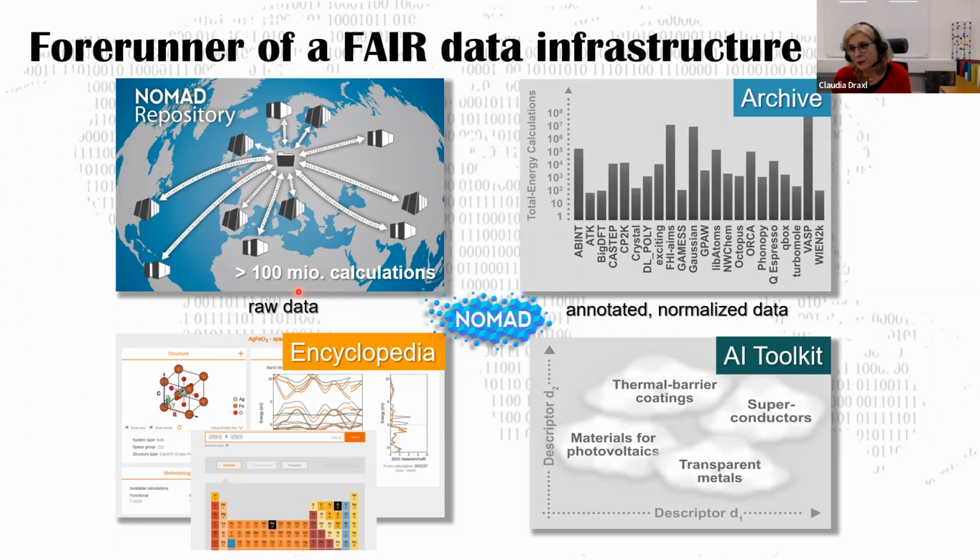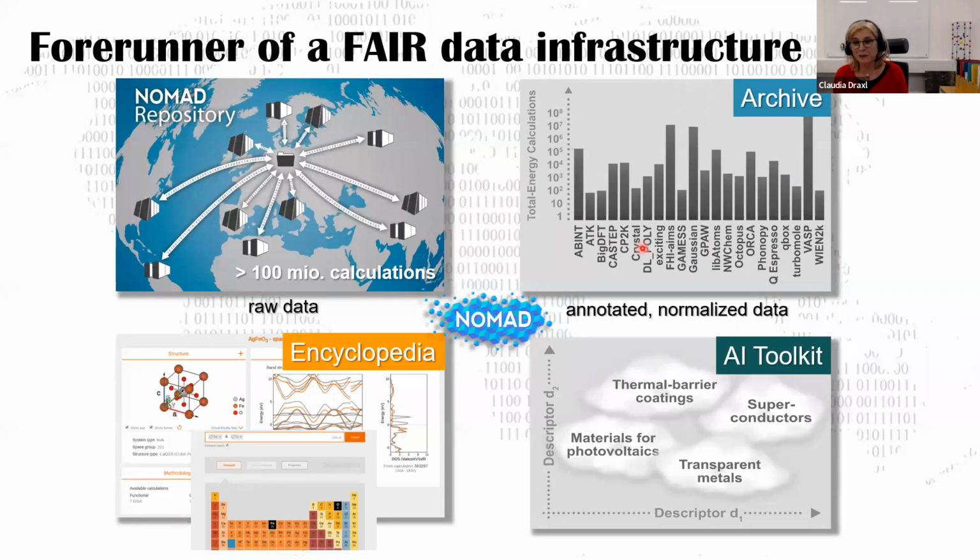Now, there's a lot of variety because the community uses about 40 different codes that you can see here. So these are the uploads, most uploads at a certain point in time, right? And this also tells you that, of course, 100 million calculations are not computed by one person and not by one code and not by one method.